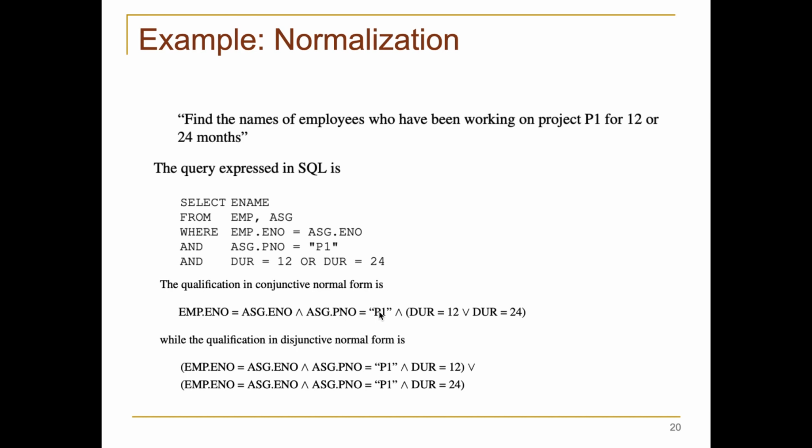Again, in between this simple predicate and this mini-term predicate, we have a conjunction operator of relational algebra. But when we come to this one, in between each simple predicates, the main operator here is disjunction. For instance, in between this mini-term predicate and this mini-term predicate, we do have a disjunction operator. So we can simply say it's in disjunctive normal form.